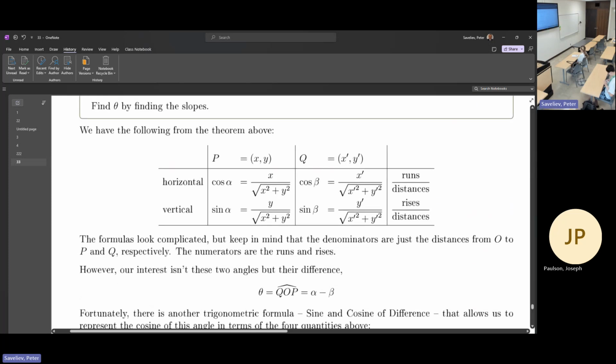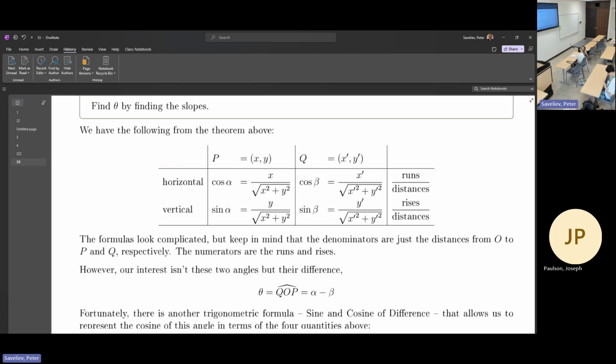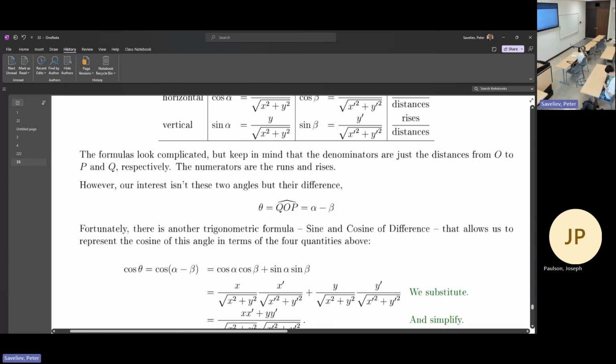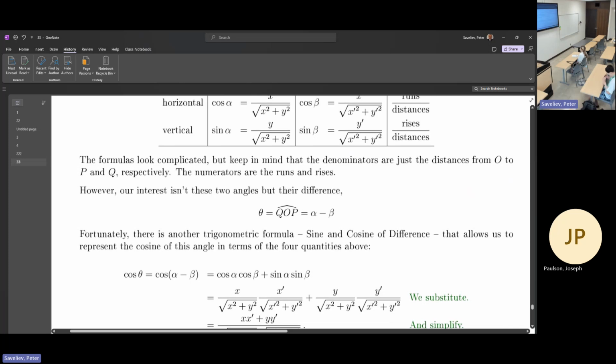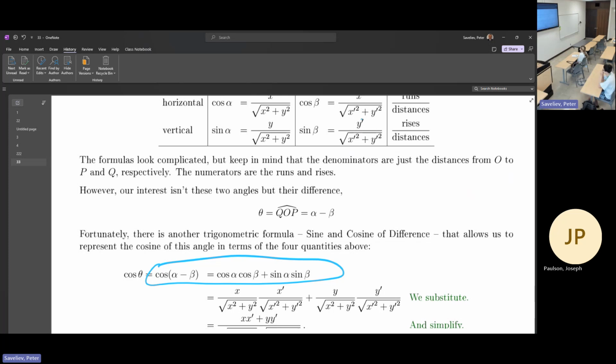So the difference is theta equal to alpha minus beta, and we know both sine and cosine of alpha and beta, which means there's a formula for it, of course. This is the formula that trigonometry is full of, and so everything has been computed ahead of time. That's why we need both sine and cosine, because even though we only need cosine of theta, it turns out we need both sine and cosine of alpha and beta, and so that's the formula.